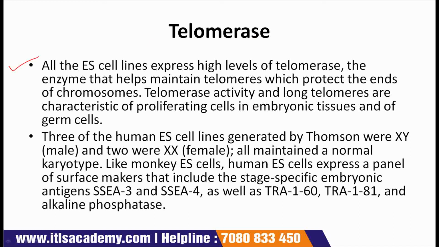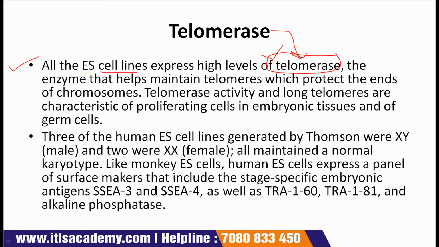The very first point, all the embryonic stem cell lines express high levels of telomerase. These telomerases are responsible for the longevity of cells. These cells help in increasing life.